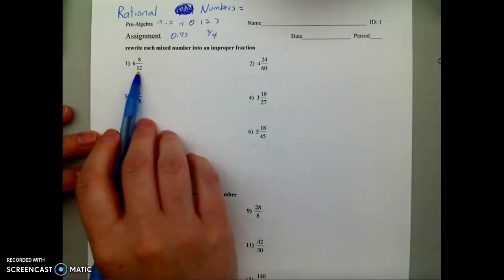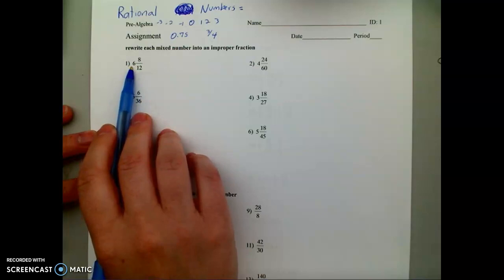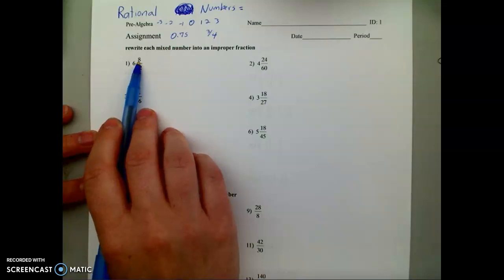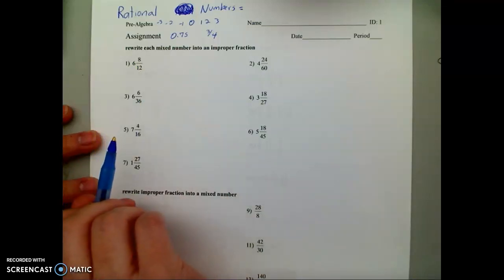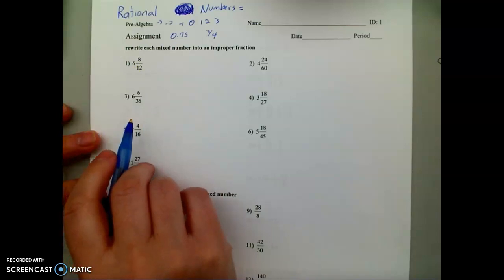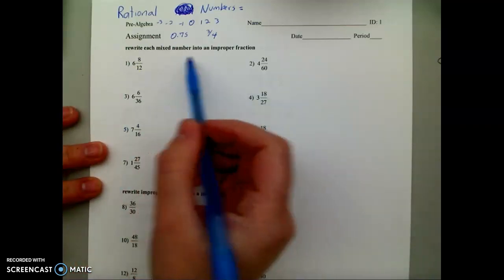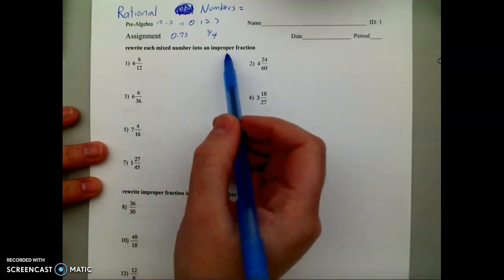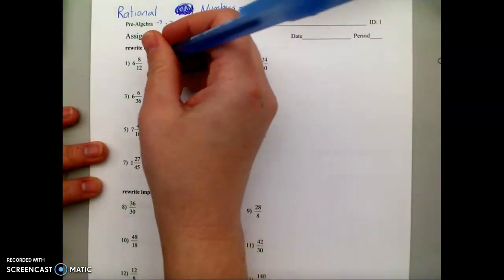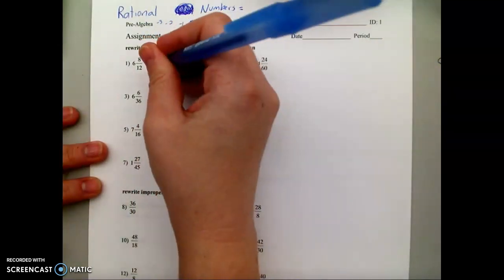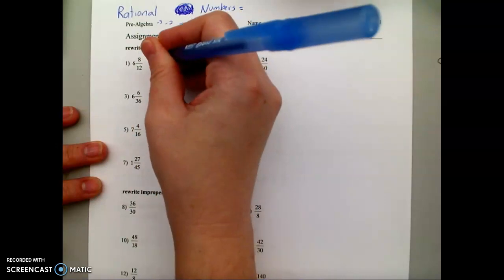Well, if we were talking about pizza, which is my favorite thing to talk about with fractions, we would need to remember that this is 6 whole pizzas, the whole circle, and 8 slices out of 12. Okay? So, if I were to rewrite this as an improper fraction, I need to think of it as though, here's one pizza cut into 12.